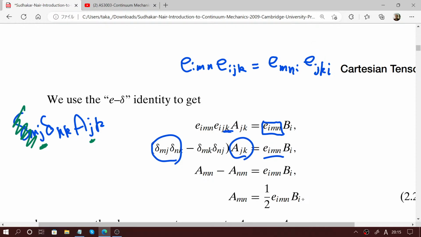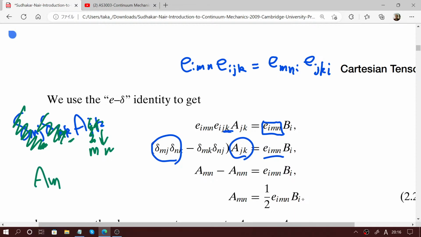This will eliminate the delta, and J is changed to M. Then we let K change. K will eventually hit N, so K is changed to N. So this goes to A MN.